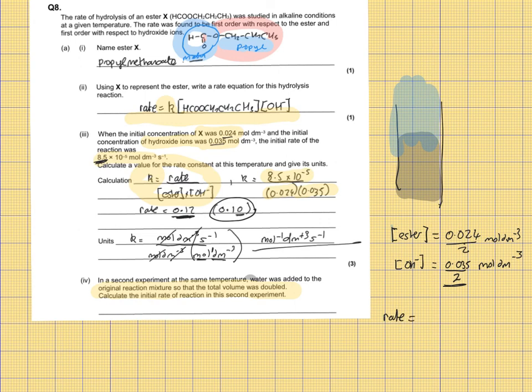So the rate constant is 0.10 times the new concentration of the ester, which is 0.024 over 2, which is now 0.012, times the concentration of the hydroxide ions, which is 0.035 over 2, which comes out at 0.0175. So the new rate, and the units we know are moles per dm cubed per second, is 2.1 times 10 to the minus 5 moles per dm cubed per second.